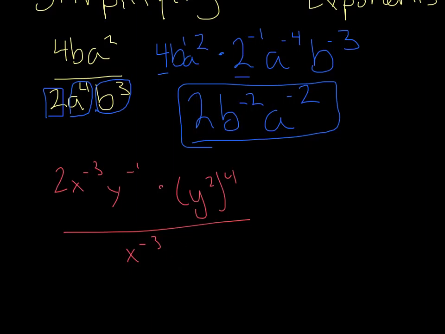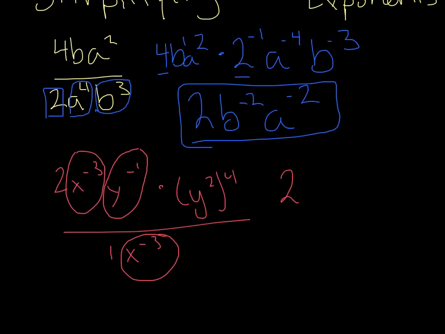So I'm just going to erase that because it's saying 1 times this. And then I'm going to do this problem a little differently. I'm going to rearrange it. So I see I have this x to the negative third, I have this x to the negative first, I have this x to the negative third. So I'm going to say I still have that 2.